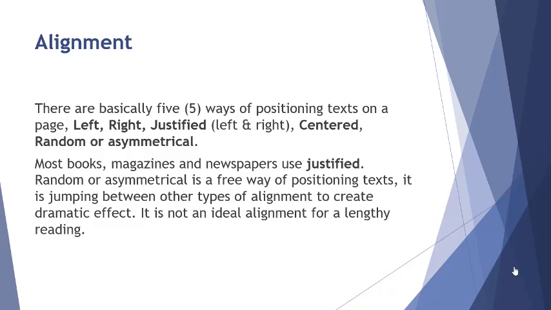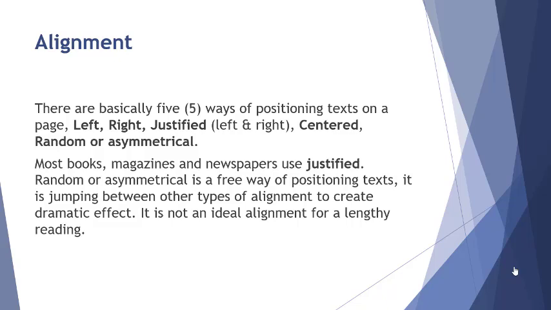Then alignment. There are basically five ways of positioning text on a page: left, right, justified, centered, random, or asymmetrical. Most books, magazines, and newspapers use justified. Random or asymmetrical is a free way of positioning text. It is jumping between other types of alignment to create dramatic effect.